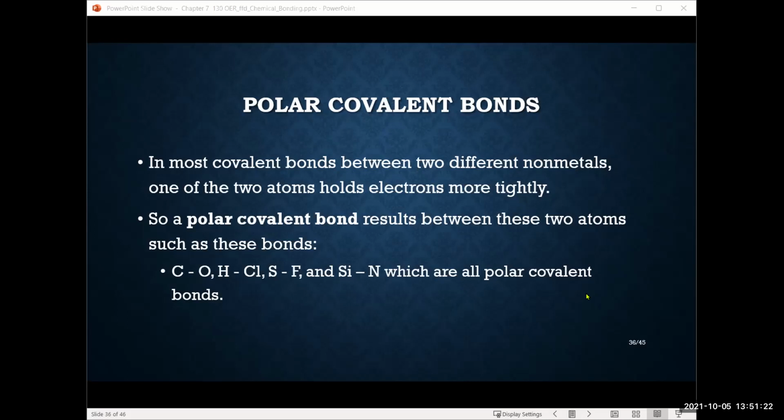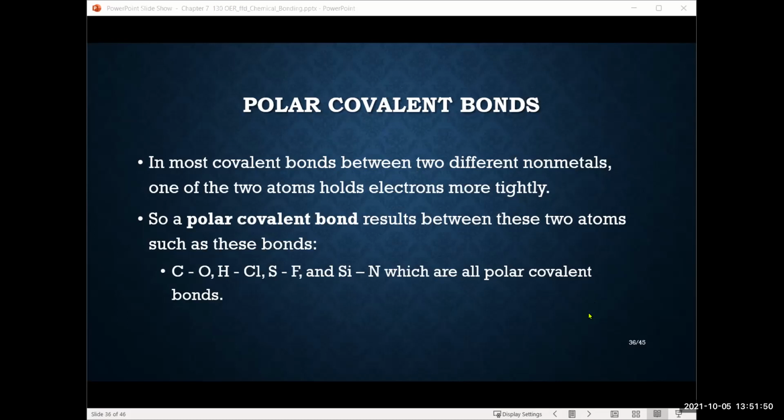Now, where you have to look things up is where those two atoms are relative to fluorine, because that's going to tell you which direction you're going to draw that arrow, toward the more electronegative atom. You don't have to memorize all the electronegativity values for all the elements. Each one has its own individual EN number, but it's not necessary to memorize each one.